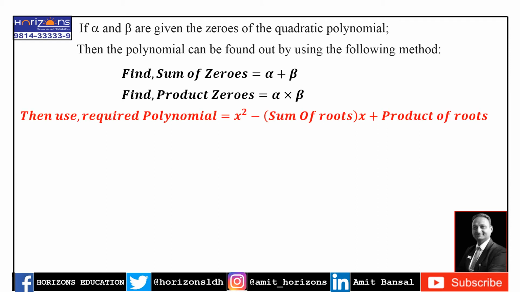Then by simply using the formula, that required polynomial is x square minus sum of roots x plus product of roots, we would have obtained the quadratic polynomial whose zeros are given to us, right? So required polynomial is x square minus alpha plus beta into x plus alpha beta.